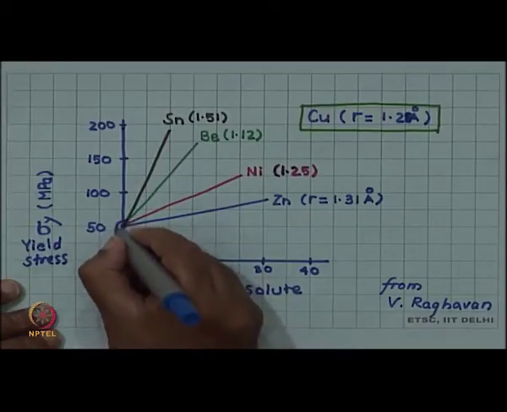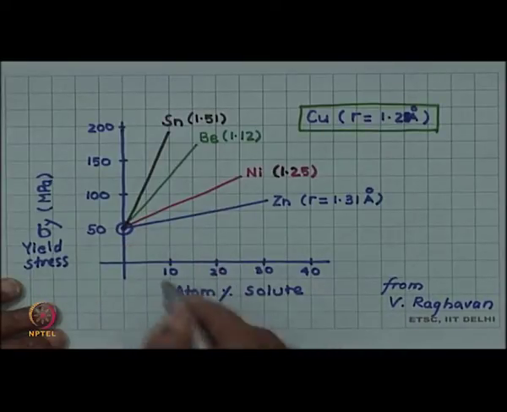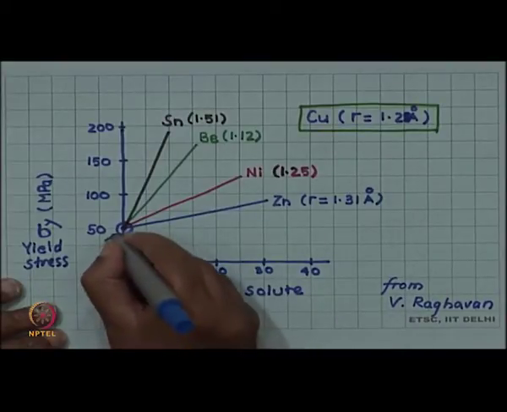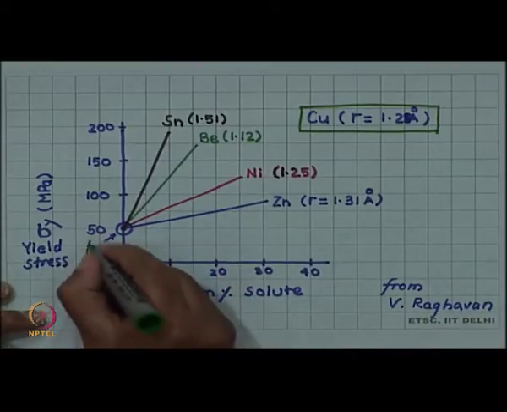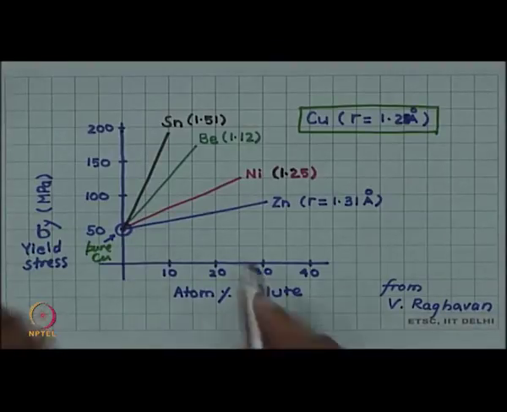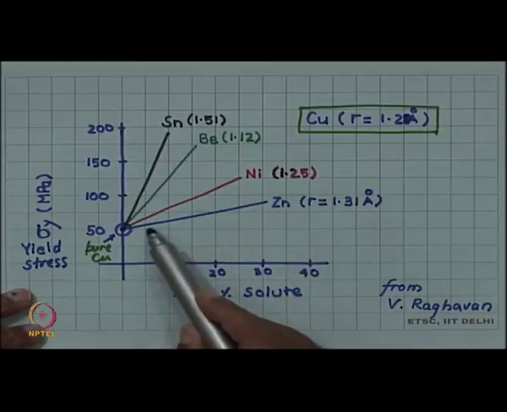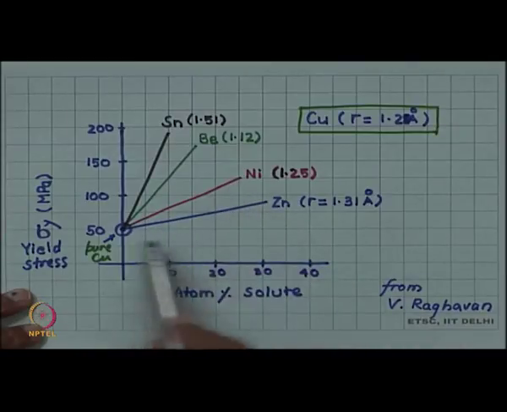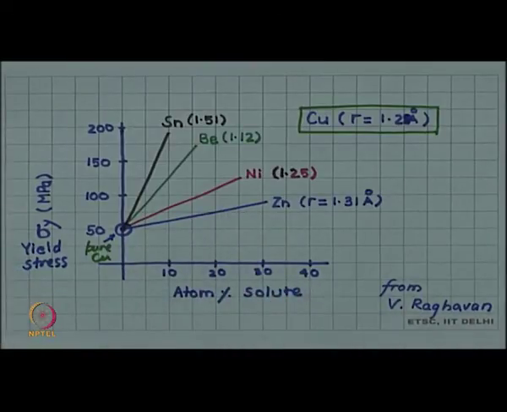This 50 megapascal is for pure copper, because it is 0% solute. And as you add the solute, strengthening takes place. Whatever solute you add, with the increasing amount of solute, strength increases.